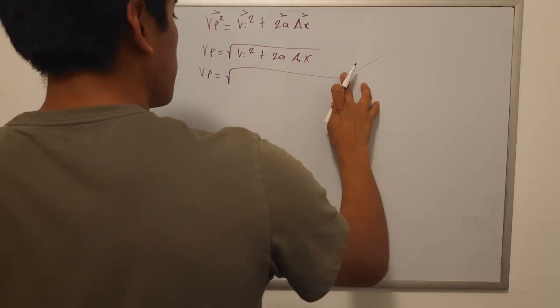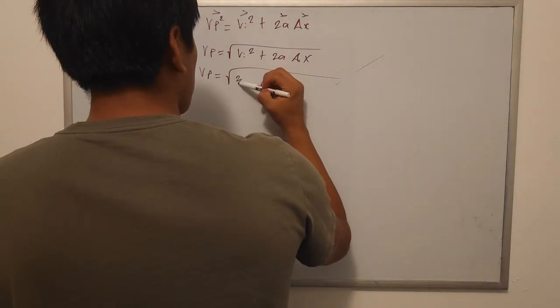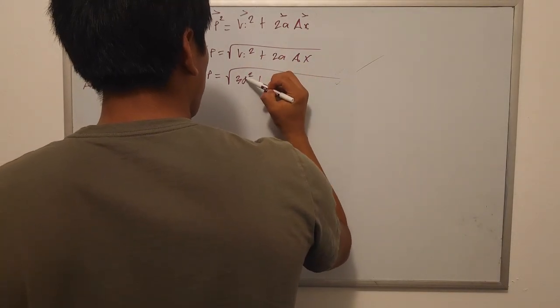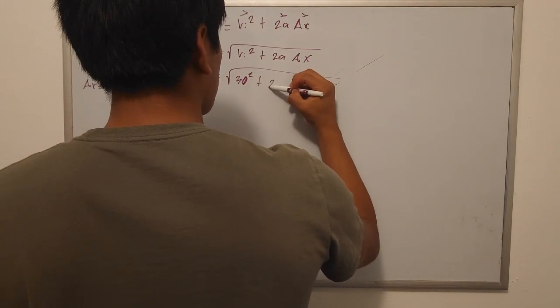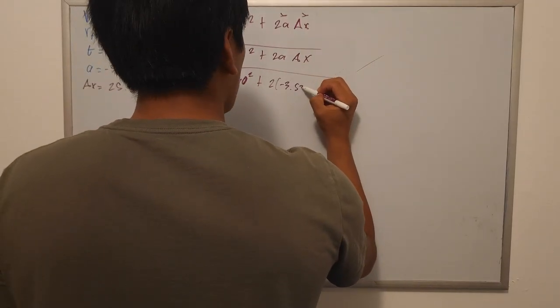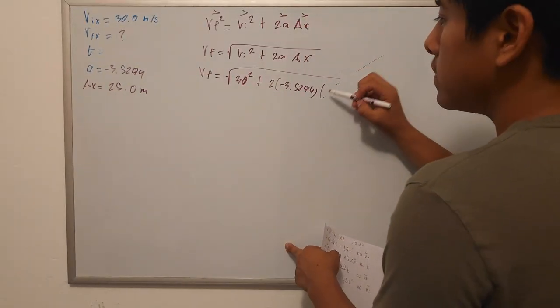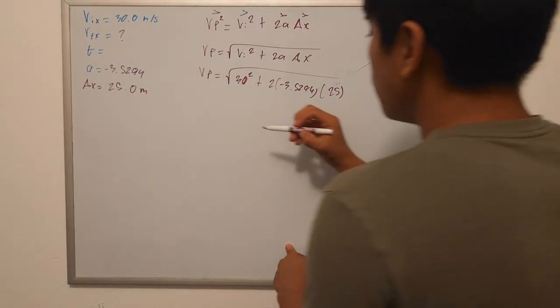And then now you just plug in all the variables. The initial is 30, so that's 30 squared plus 2 times the acceleration, negative 3.5294, and the displacement is 25.